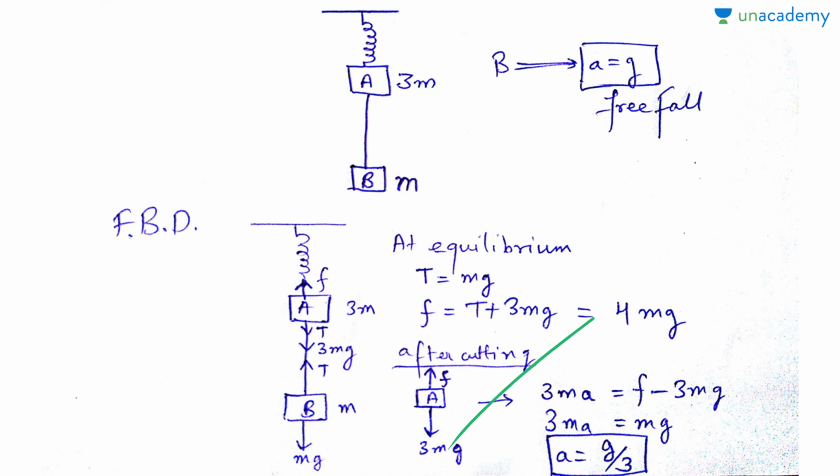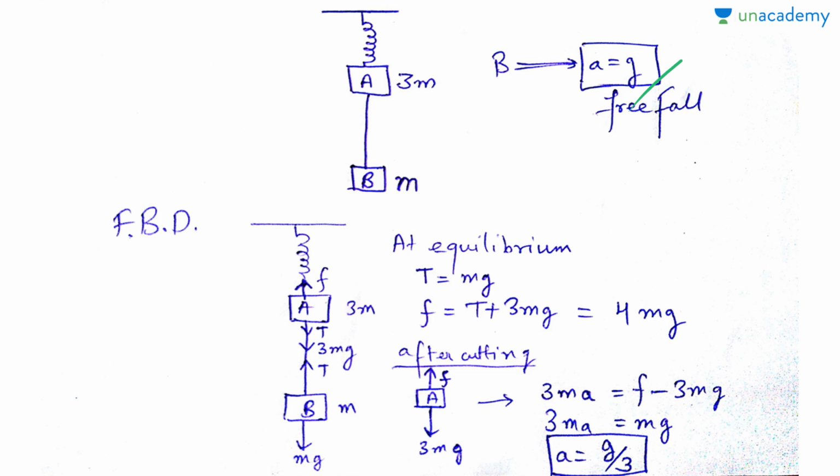The tension is removed, so the difference will produce the acceleration. So F minus 3mg will be equal to 3m, the mass, into acceleration, since force is equal to mass into acceleration. Putting F equal to 4mg, we get 4mg minus 3mg, that is mg. So m and m get cancelled, and a is equal to g by 3. So this is our solution.